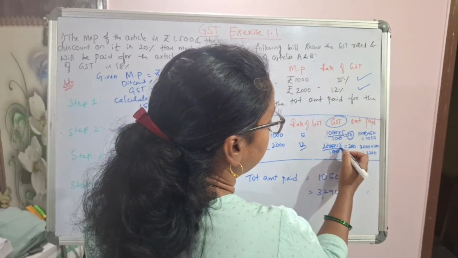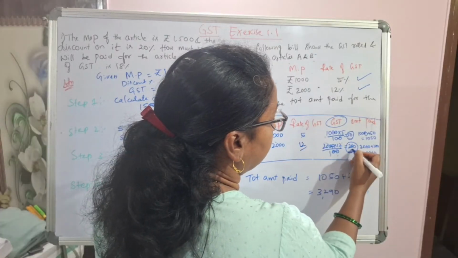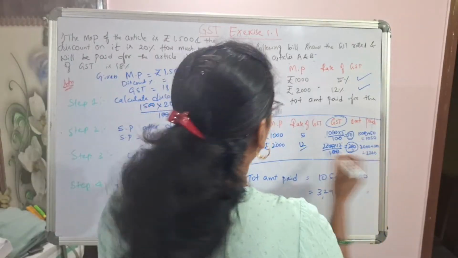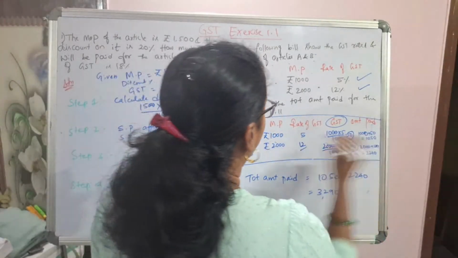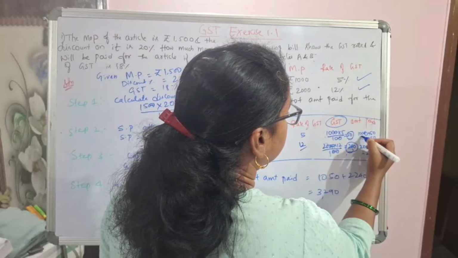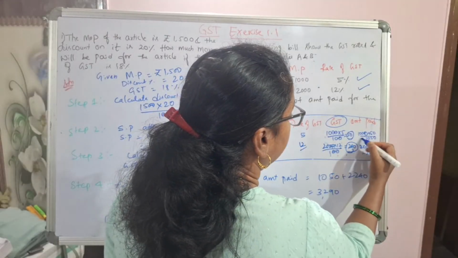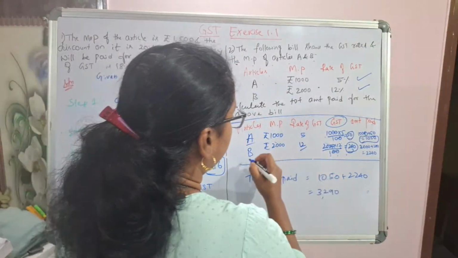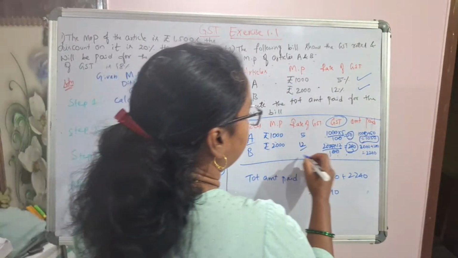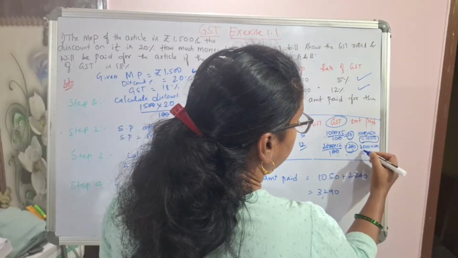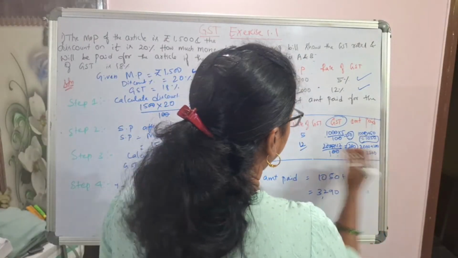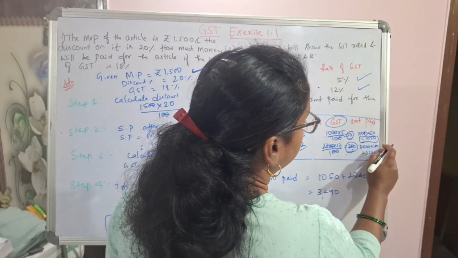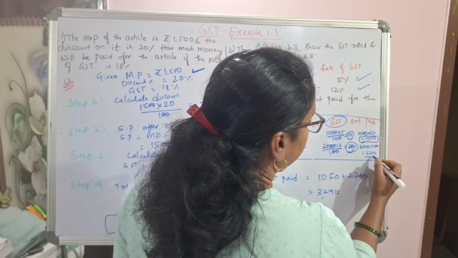That means 2000 into 12 divided by 100, which is equal to 240 is the GST amount. Now, the amount paid for article A is 1000 plus 50, which is 1050. And the amount paid for article B is market price plus the GST amount, that is 2000 plus 240, which is equal to 2240.